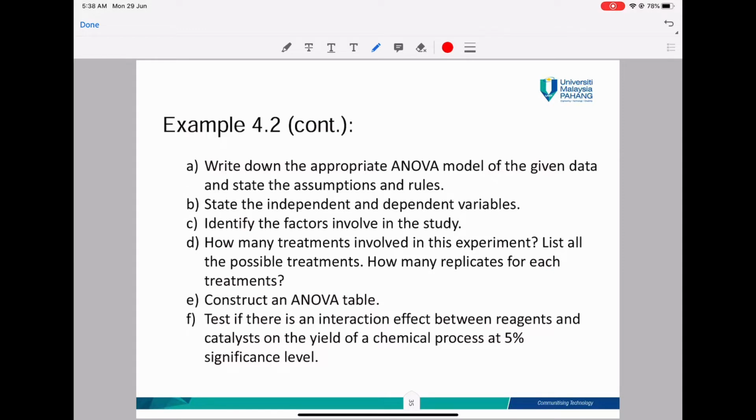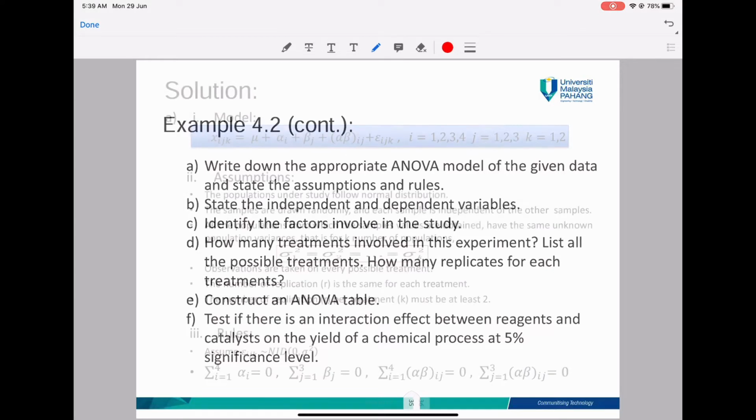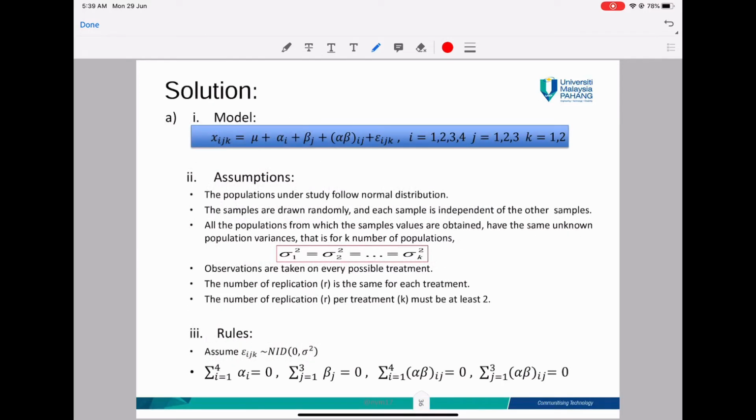How many replicates for each treatment? E. Construct an ANOVA table. And F. Test if there is an interaction effect between reagents and catalysts on the yield of a chemical process at 5% significance level. So this is the solution for A.